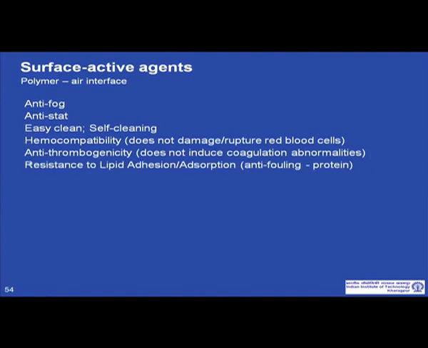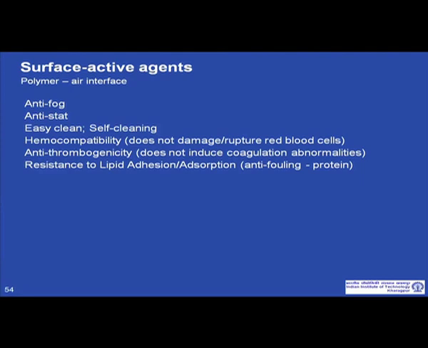The next set of additives are basically used to make the polymer surface useful for biological applications. There are lots of applications where polymers, or parts made of polymers, are used in biological applications.